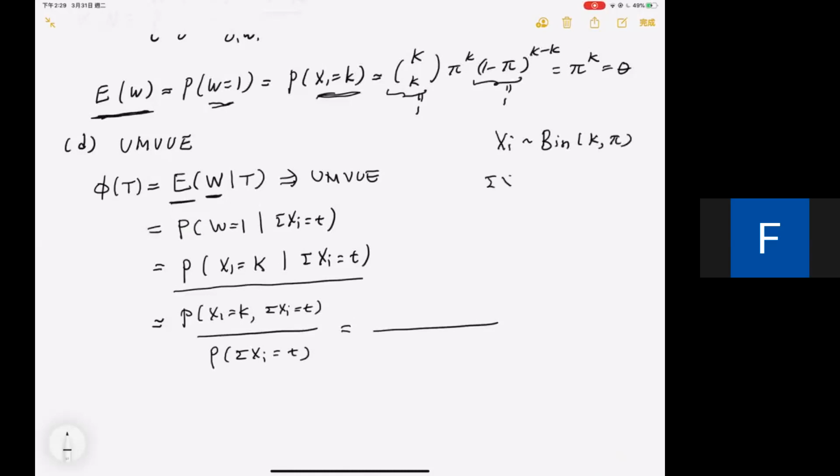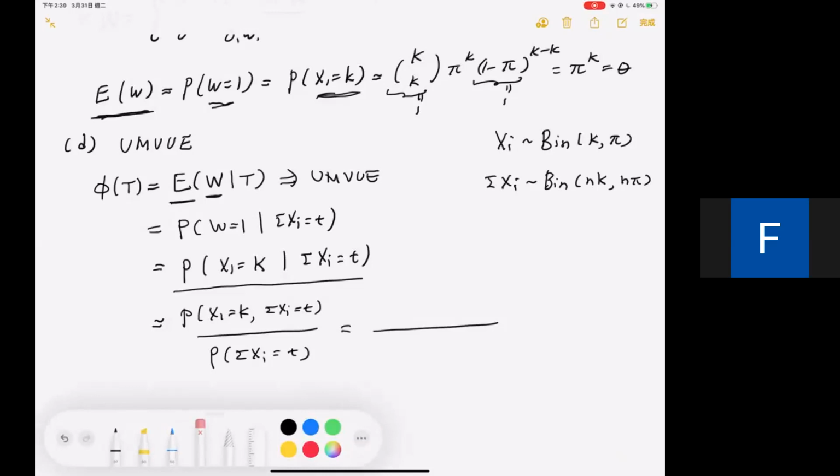Then what does the summation Xi follow? Again, it's binomial, but the enlarged one, nk, then pi. Summation Xi, m pi. No, it's not m pi, it's a probability. So it's still pi, because that one is a probability, it's not going to be m pi.